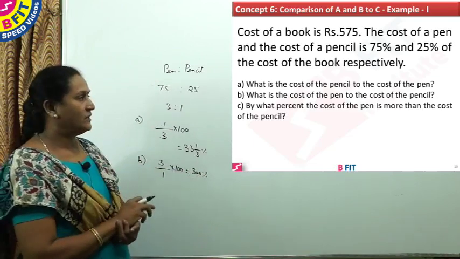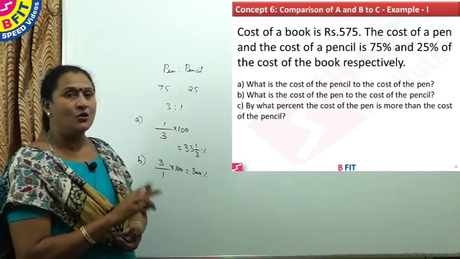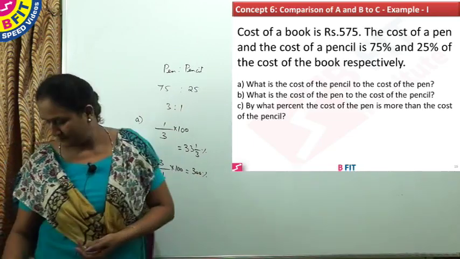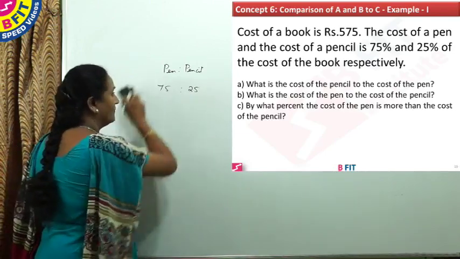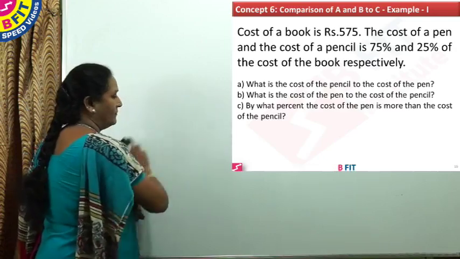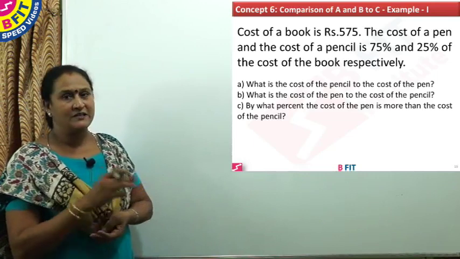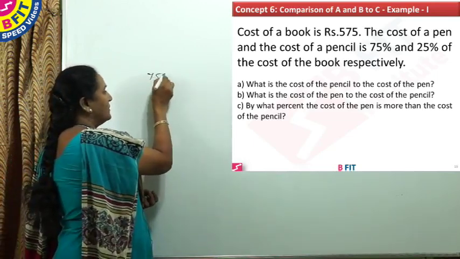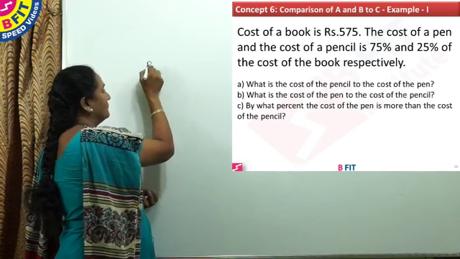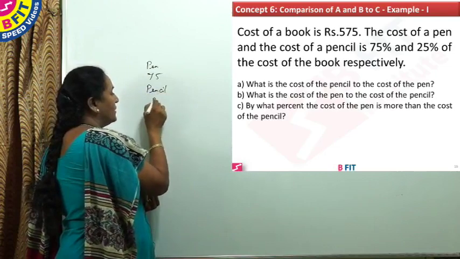And the third question, by what percent is the cost of the pen more than the cost of the pencil? So either we can work out with ratios or we can work out with this percentage itself. So the cost of the pen is 75%, and for the pencil it is 25%.